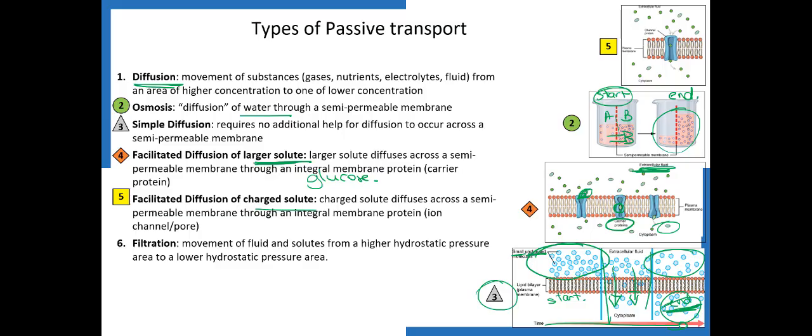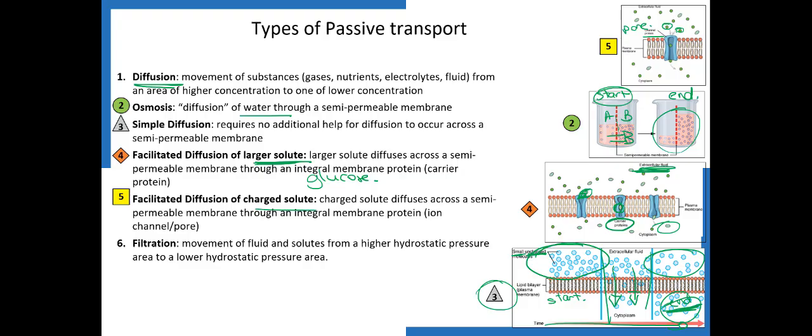If the solute has a charge, like the small green circle, it also requires an integral membrane protein, and on this occasion the integral membrane protein is called a channel protein or a pore.